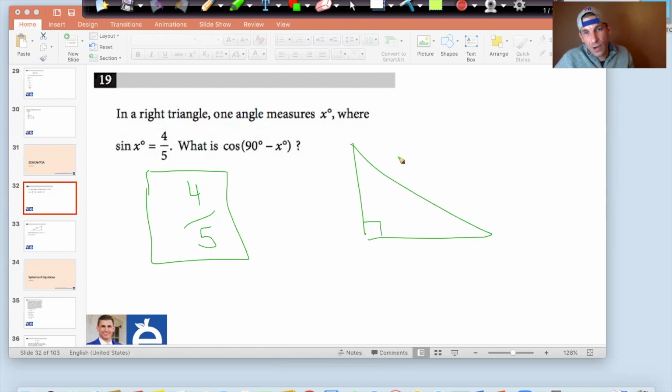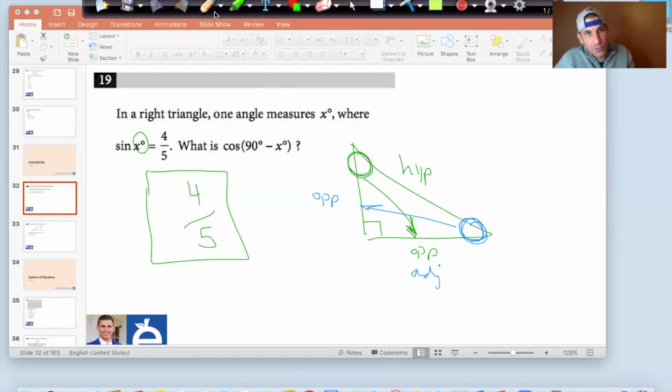The moment they give you a right triangle, draw the right triangle. The hardest part of this problem is to understand that the angle of reference determines the opposite side. It's the vantage point of where it's looking. If I change my angle of reference to a different position, then I will have a different opposite, and therefore a different adjacent.